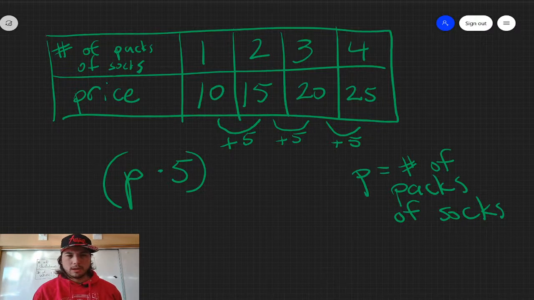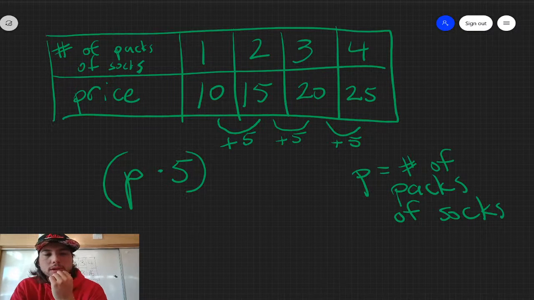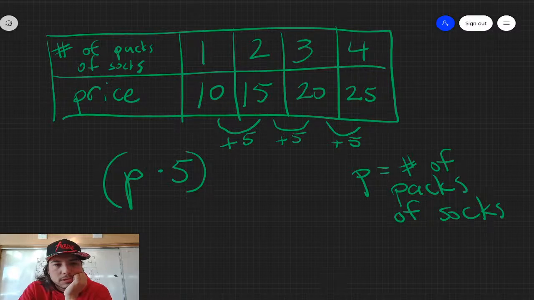Because what would we need? This one's tricky. So what do you want? What do you think we should try? Because yeah, the P times 5 just by itself doesn't quite work. We know we need P times 5. We need times 5 somewhere, right? Because we're adding a group of 5.